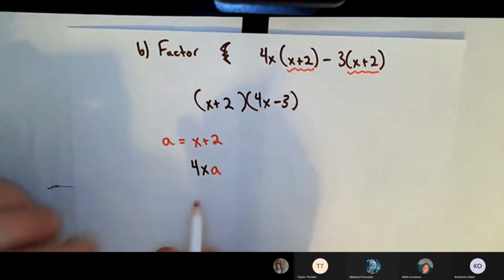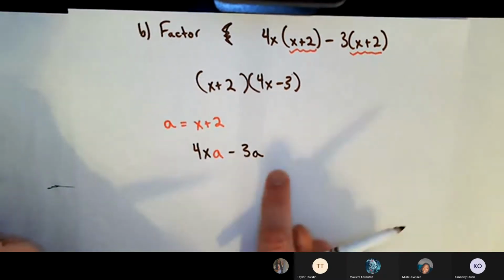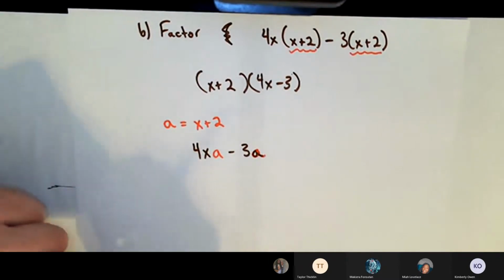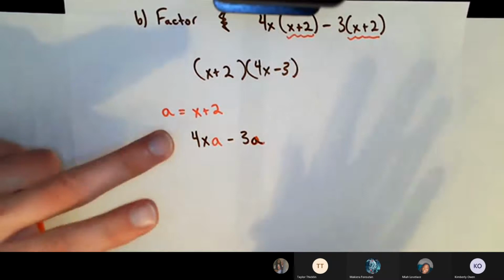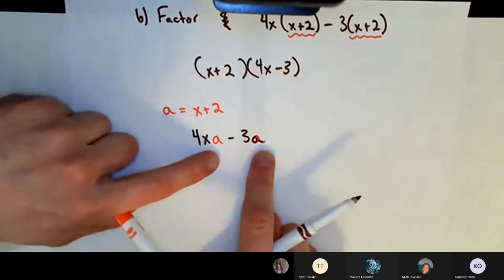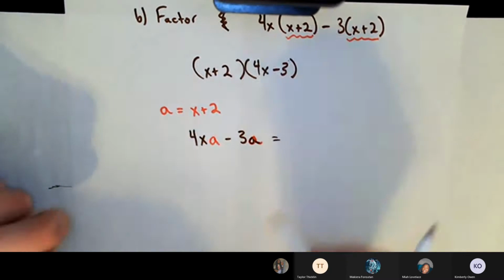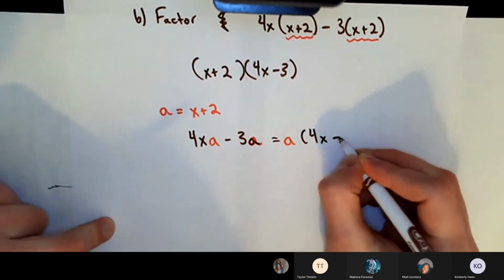Then this thing right here turns into 4xa minus 3a, right? Don't need parentheses if it's just a single letter. So just replacing x plus 2 with a. And now you might say, oh yeah, now I see how I can factor an a out of both of these. Pulling that a out leaves me with 4x minus 3.